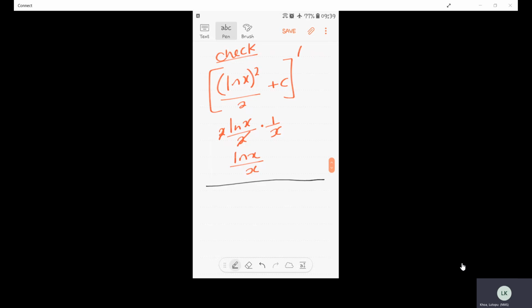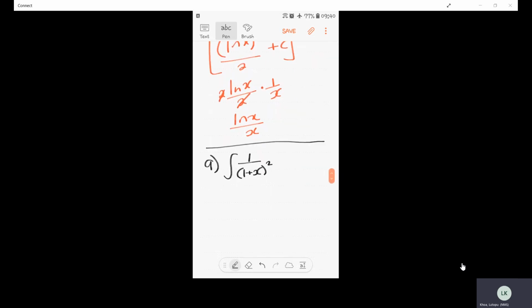And number 9, integral of 1 over (1 plus x) squared. So here again, you do a similar substitution. You let u equal 1 plus x.